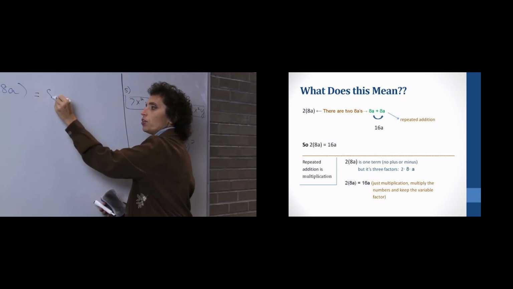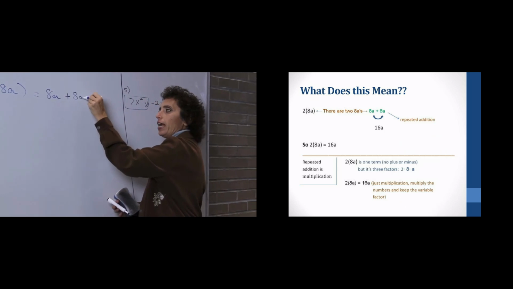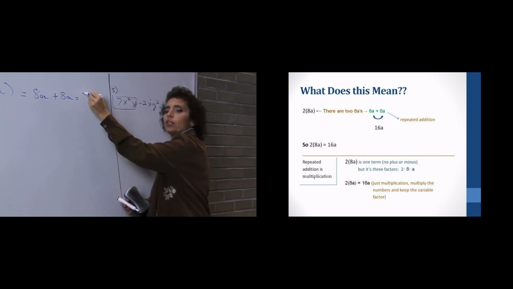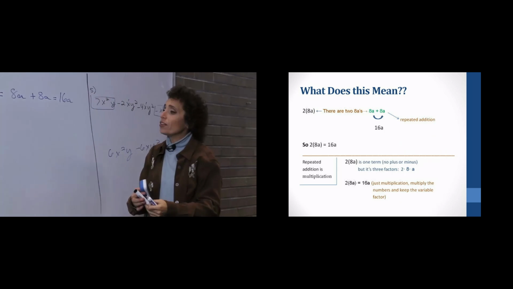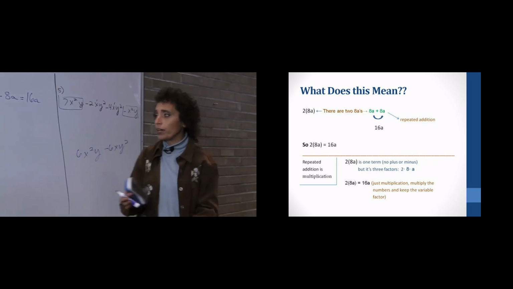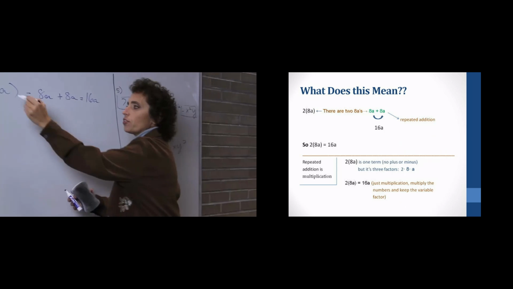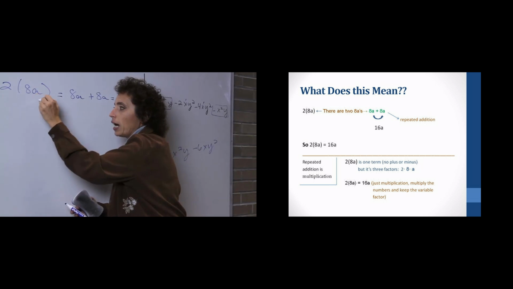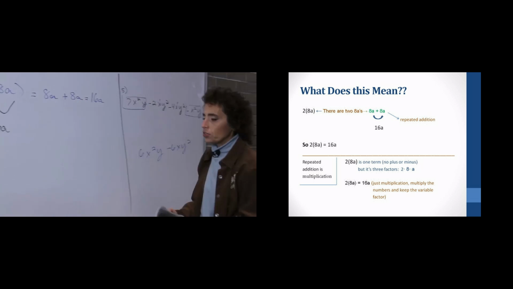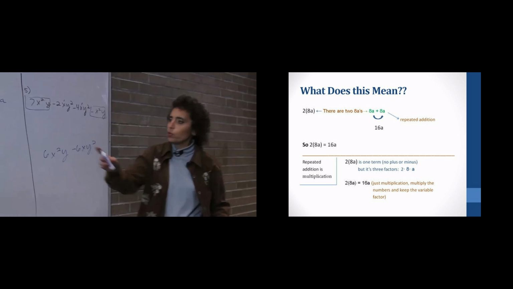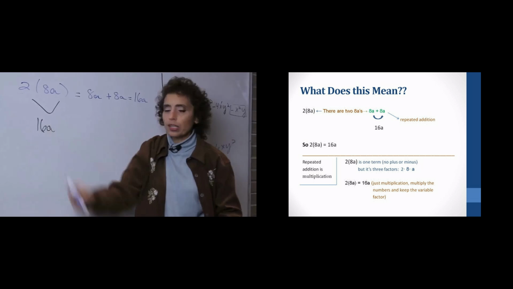So this really means 8a plus 8a, which we now know, since they are the same variable factor, is 16a. So I wonder if there's a shortcut for this. You may already have seen it. Notice that if I just go 2 times 8, I'd get 16a. 2 times 8 is 16, 16a. So all you have to do is multiply the 2 numbers together.